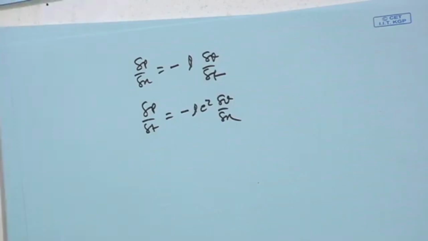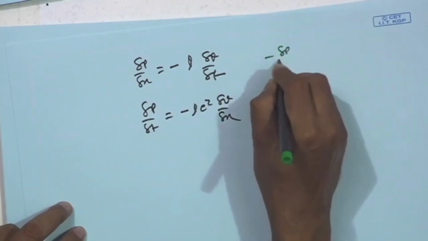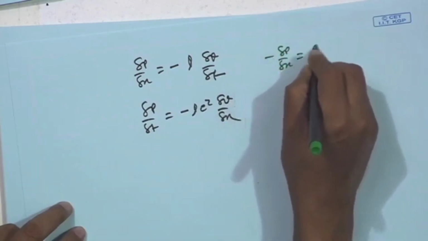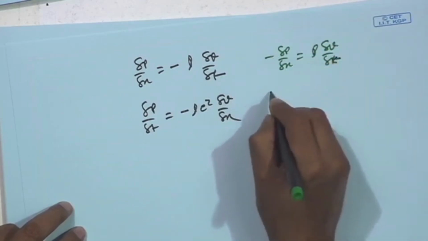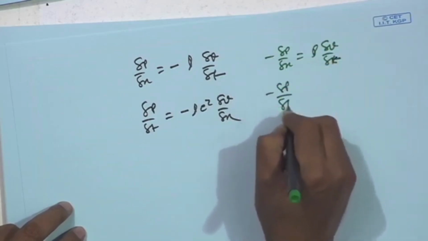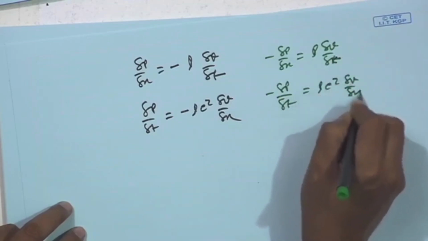Okay. Or another way I can write this one, same way, minus del p by del x is equal to rho del v by del t, and minus del p by del t is equal to rho c square del v by del x.